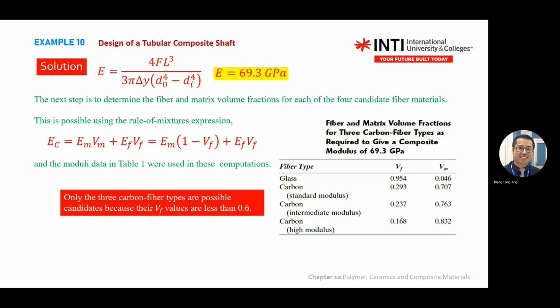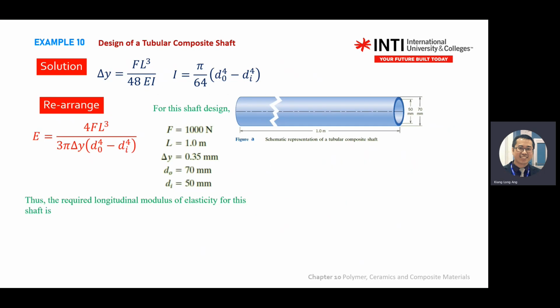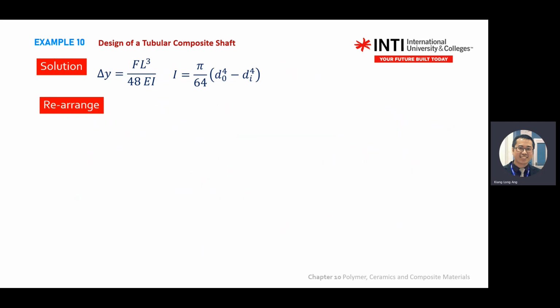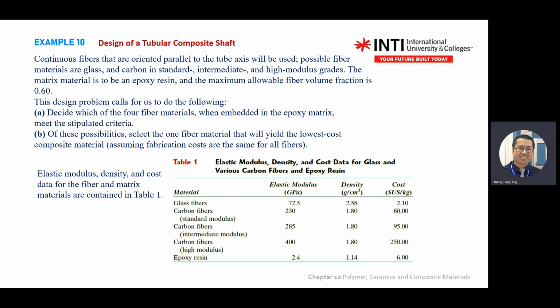Yeah. Then the second part is about cost. Cost is linked with the volume, right? So you link with the initial table here, cost per kilogram. Per kilogram, you have the density, right? You can calculate the volume of that composite.